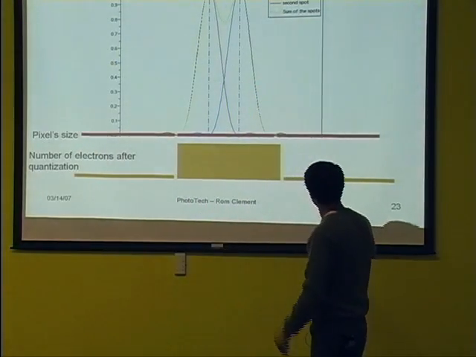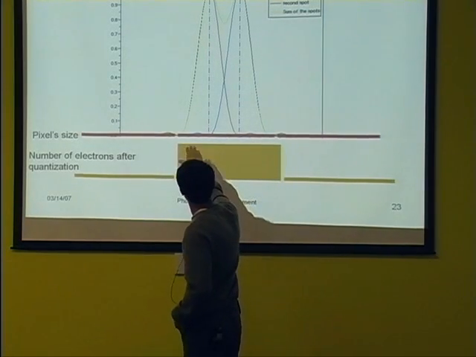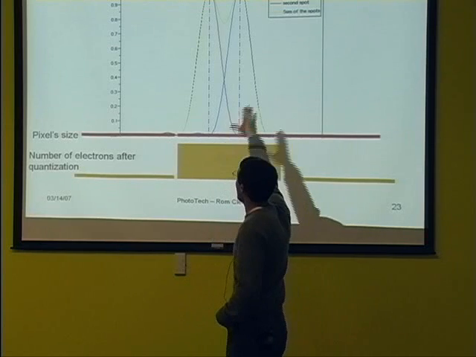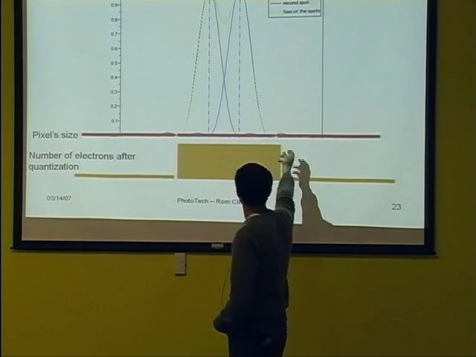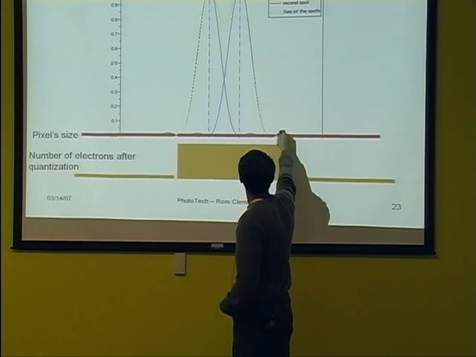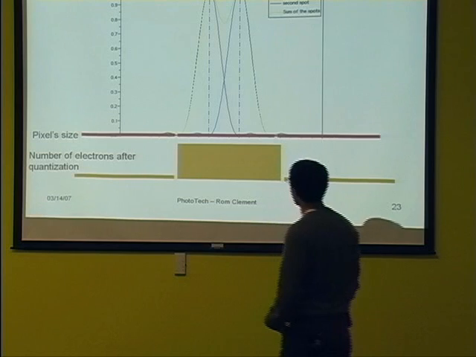My pixel in the middle is going to collect all the intensity of light contained in the two peaks, whereas the others will barely get the secondary and tertiary peaks.